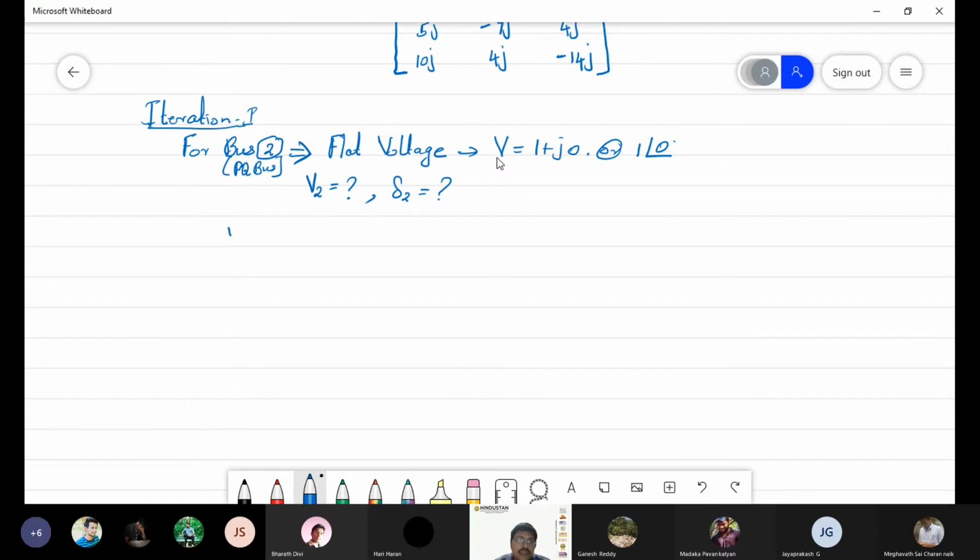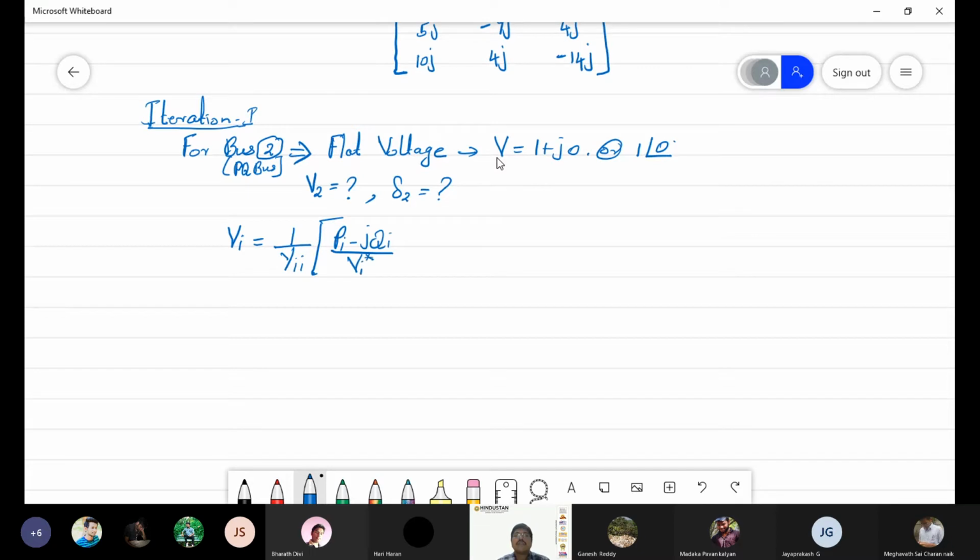So for that, I am going to write the formula for Vi. Vi is equal to, that is a formula we derived already, 1 divided by Yii, and you can open the bracket, that is Pi minus jQi divided by Vi.